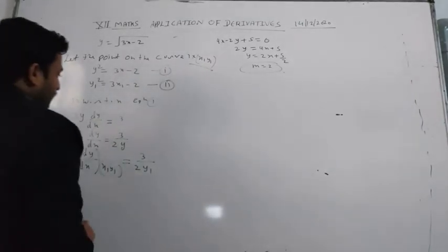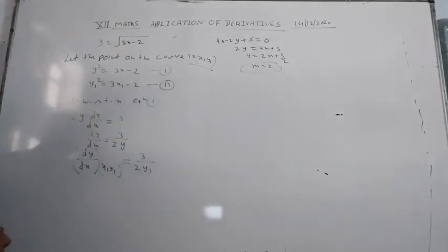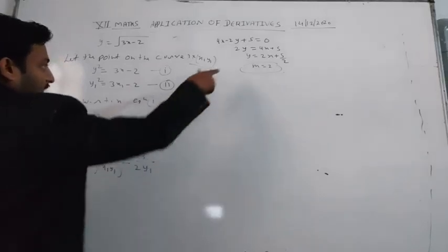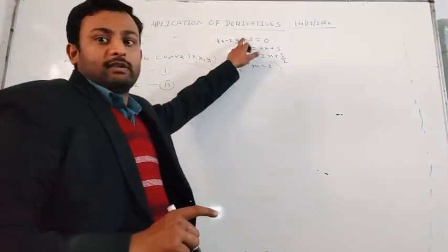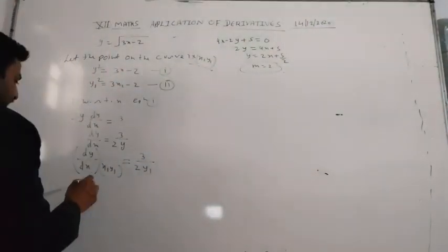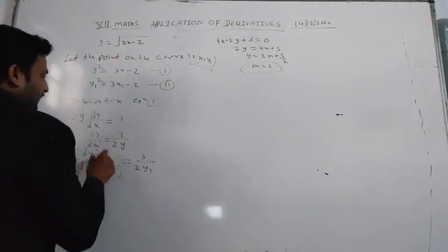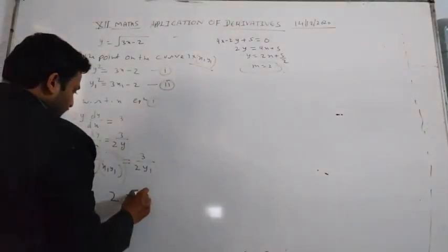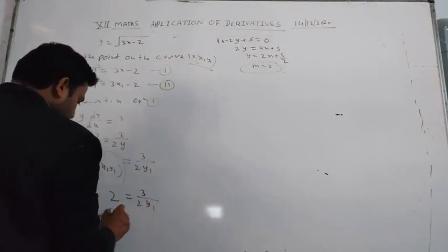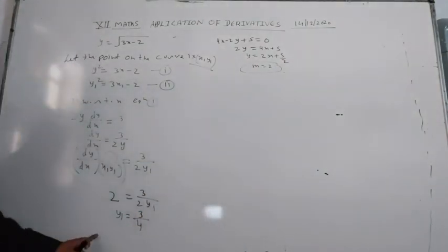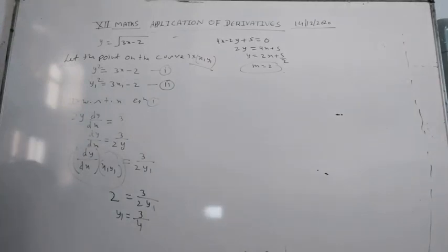Now this is the slope of the tangent, and this slope is equal to the slope of the line, because this tangent is parallel to the line, so the slopes will be equal. So in place of this we can write 2 is 3 by 2 y1, so y1 from here we are getting 3 by 4.